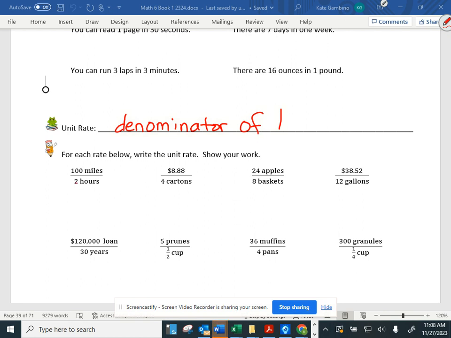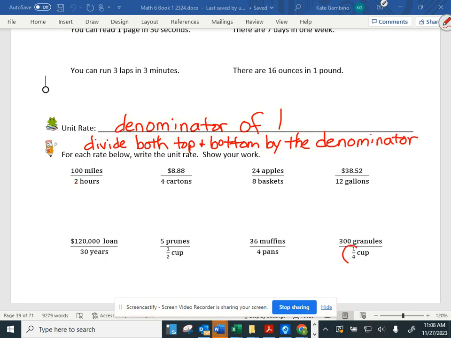So if we have 2 hours, what do we have to do to get it down to a 1? Zelda? Divided by 2. So you're going to divide both top and bottom by the denominator if we have a whole number.